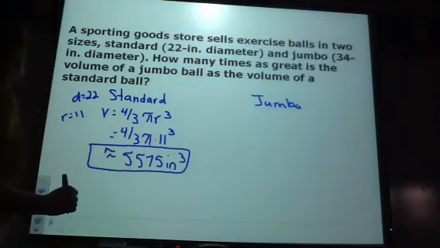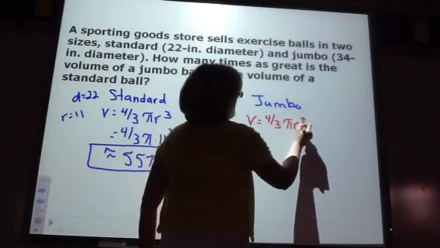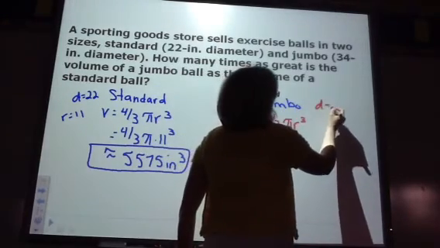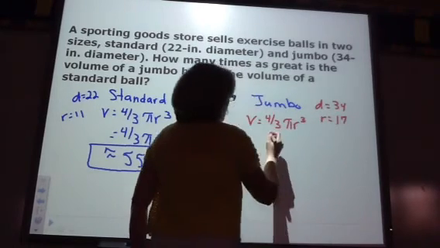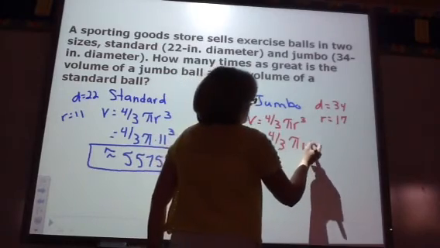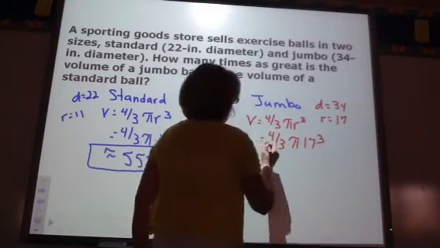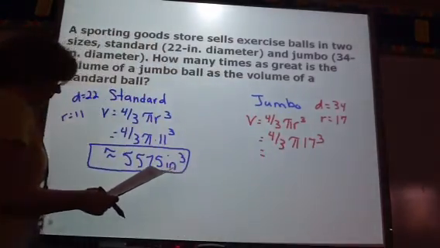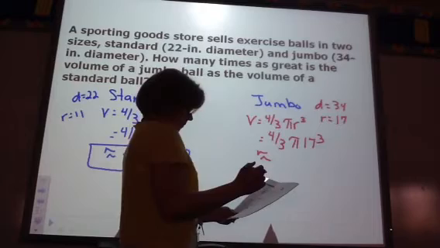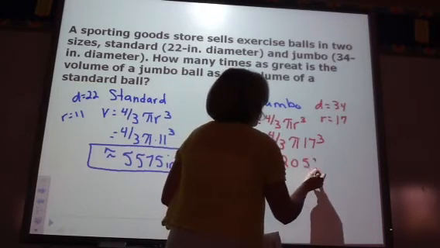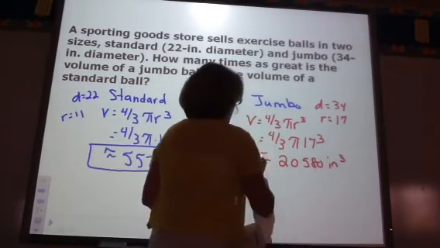Now we need to do the same and find the jumbo. Your diameter is given as 34, so your radius is half of that, which is 17. When you key that in your calculator, you're going to get approximately 20,580 cubic inches.